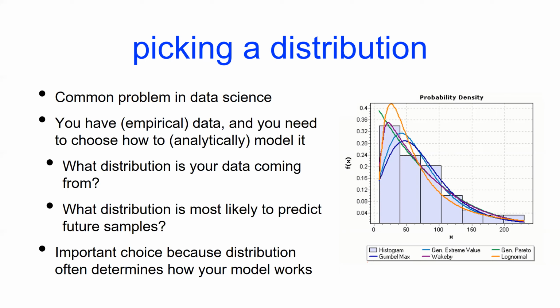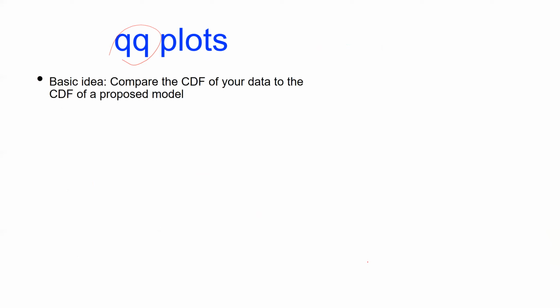What we just saw, the empirical CDF, gives you a very neat way to do this. But we will not directly use that; instead we are using something we call a QQ plot, quantile plot. The basic idea is the same thing. You compare the CDF of your data to the CDF of your proposed model. So basically, you have a bunch of data.